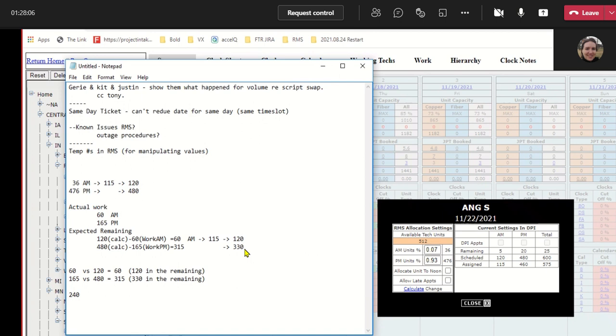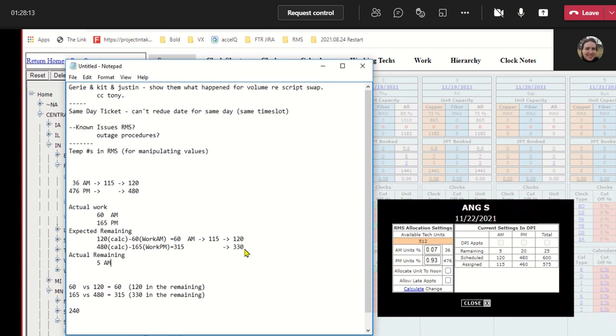We have 5 and 20 actual. Right. Okay. But we said, 20 p.m. And so in order to get the remaining closer to the 120, I want to basically add 115 units, if you want to think of it that way. Again, I can't actually add 115 units into DPI.